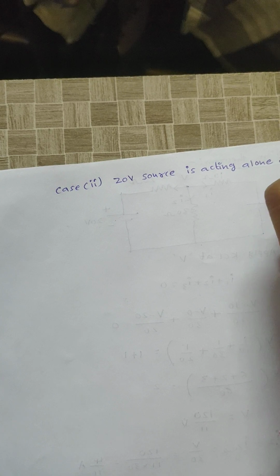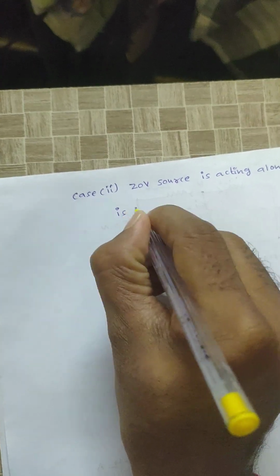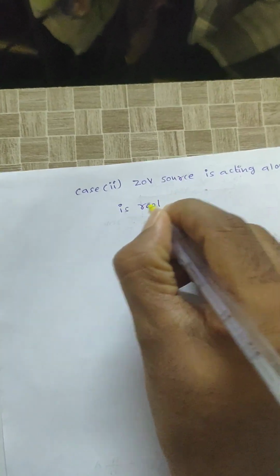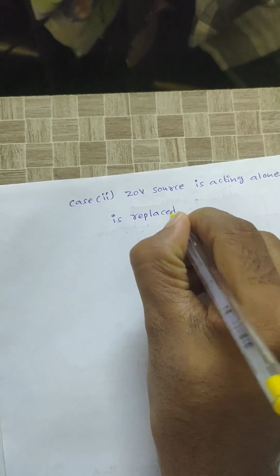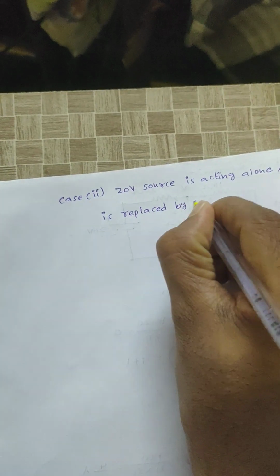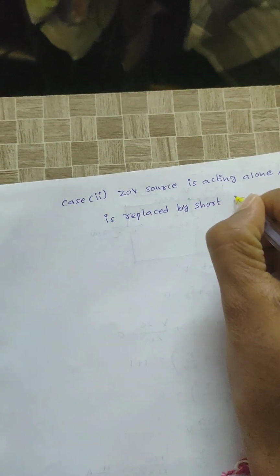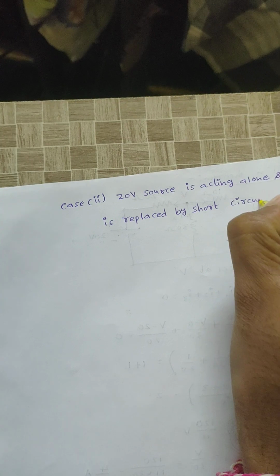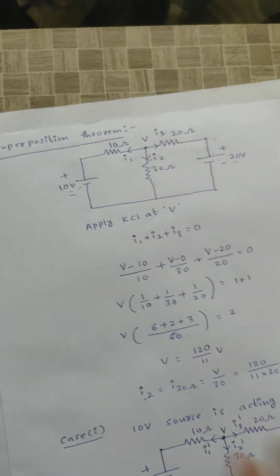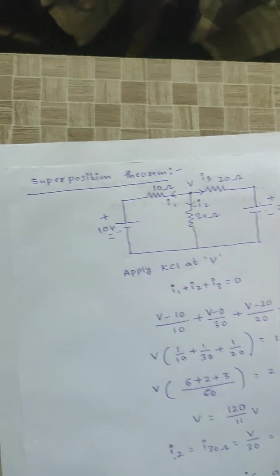Okay, then 10 volts source is replaced by short circuit, right? Okay, now see here, this source will be replaced by short circuit.